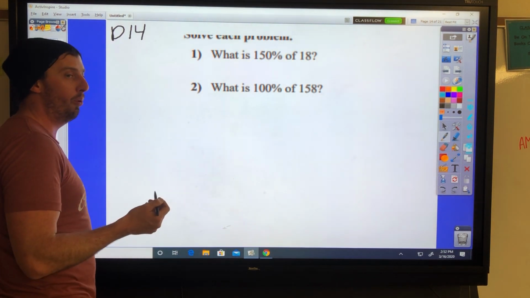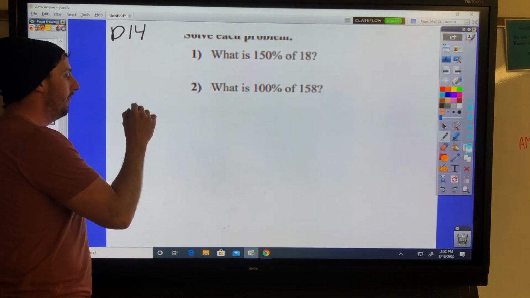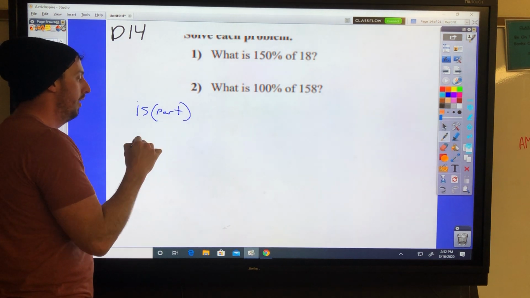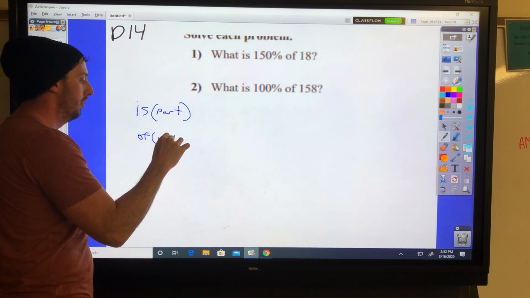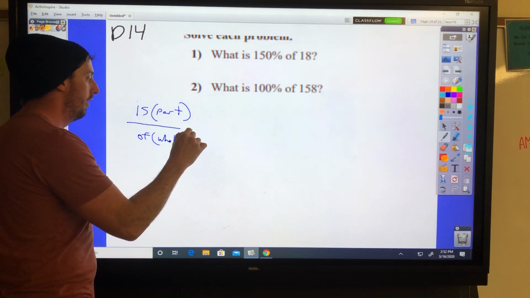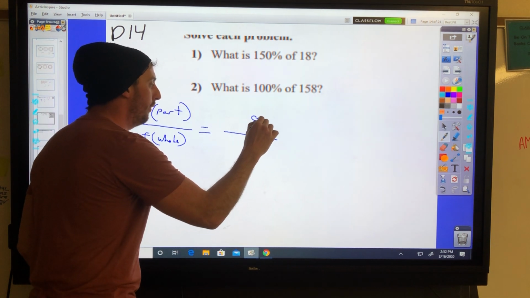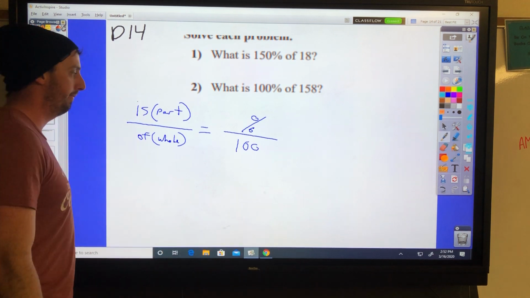Remember, when it's a proportion and we're solving for the part or the whole, the is is the part, the of is the whole, and then you're equating that to a given percent, which will be over 100.